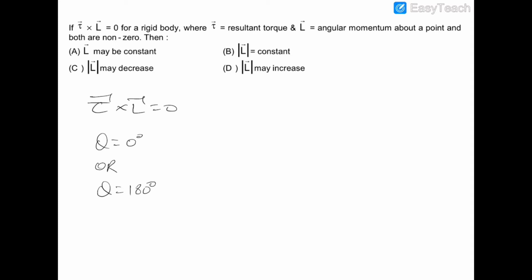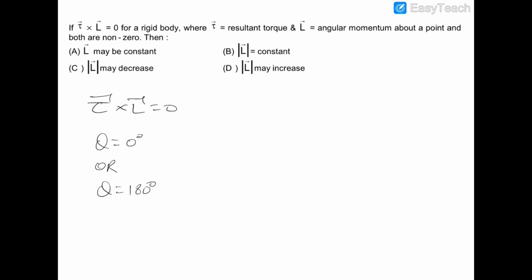So we can say that either torque is in the direction of angular momentum, and if torque is in the direction of angular momentum, then it would increase the angular momentum, obviously, because torque is equal to rate of change of angular momentum.